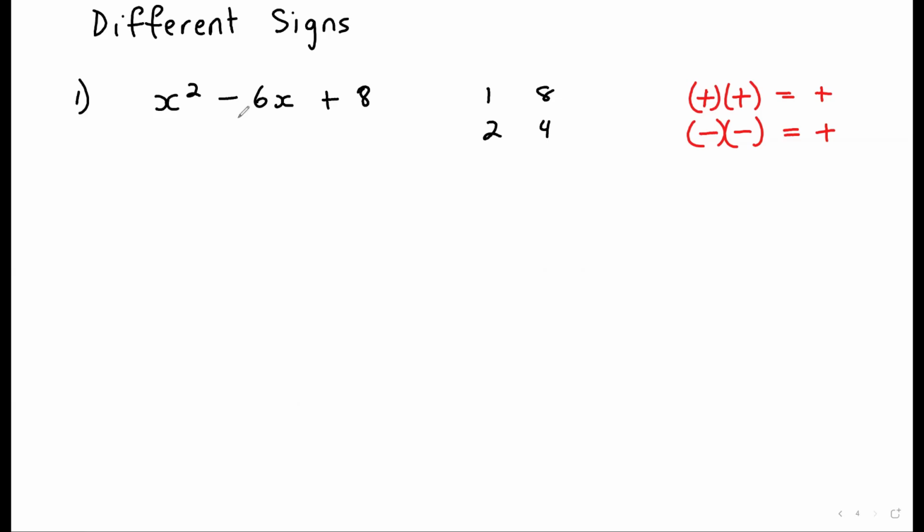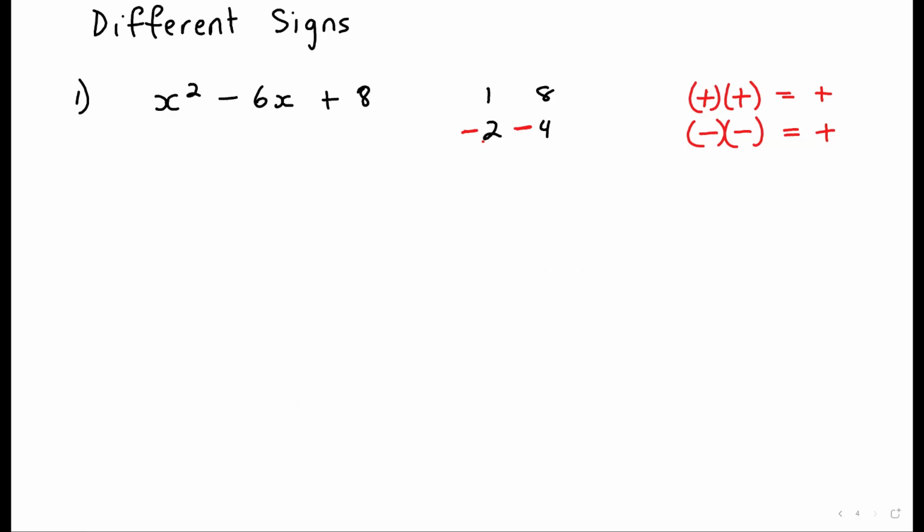Because even if I were to say 2 times 4, I will get positive 8. But positive 2 times positive 4 is not negative 6. It has to be negative 2 and negative 4, because negative 2 take away 4 will give me negative 6, and negative 2 times negative 4 gives me positive 8.